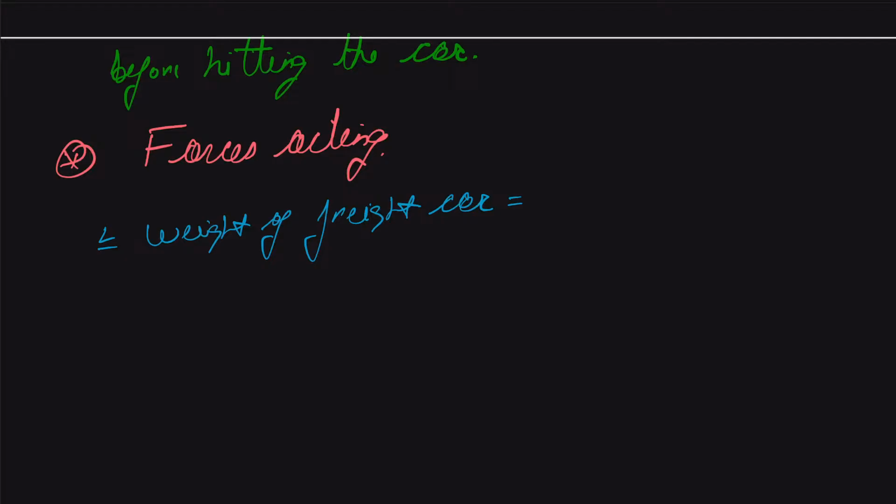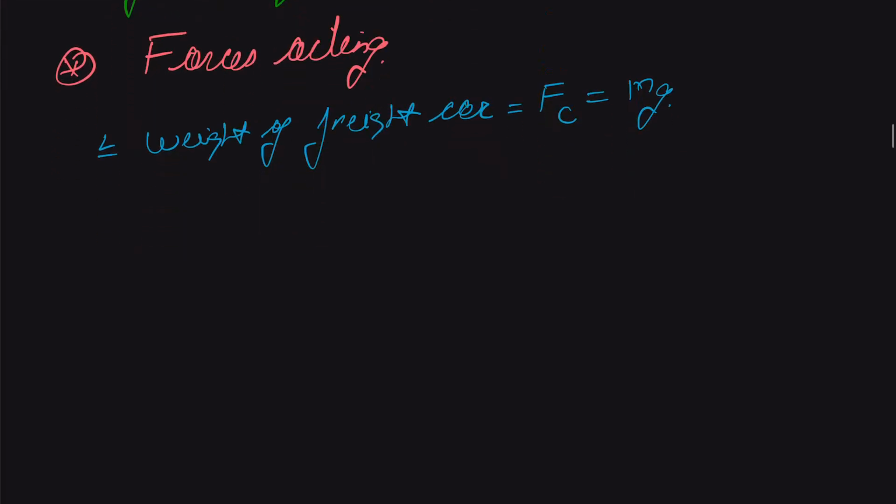Let us call this Fc, which will be equal to mass multiplied by the acceleration due to gravity, Mg. The second one is the weight accumulated because of the grain, the weight of the grain in the car.